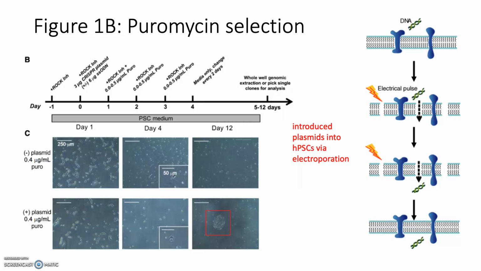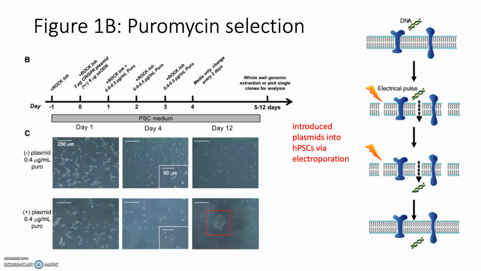Just a quick side note and review, they introduced the plasmid via electroporation, and as we know from the lecture, electroporation is a process in which an electrical pulse is induced to create pores temporarily in the membrane to allow for things to pass. Specifically, the electrical field allows for the negatively charged DNA molecules, i.e. the plasmid, to pass through the membrane.